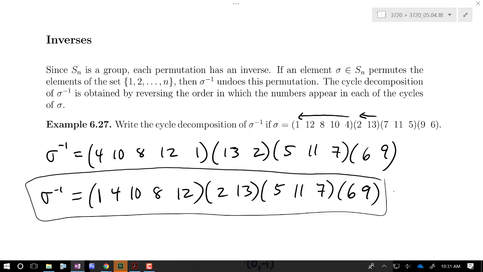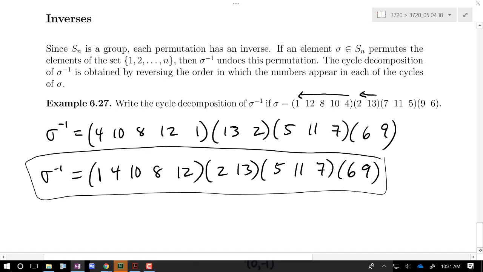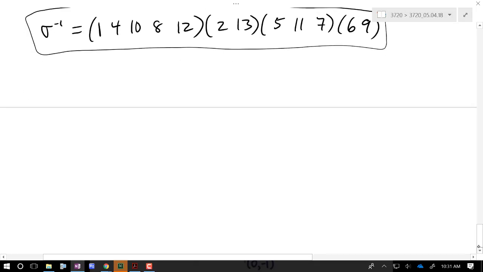The last thing I want to mention, and I know there's not an additional page for this, is just a quick result.